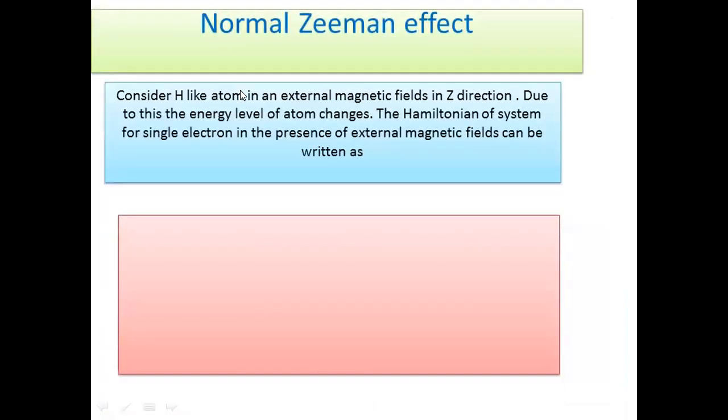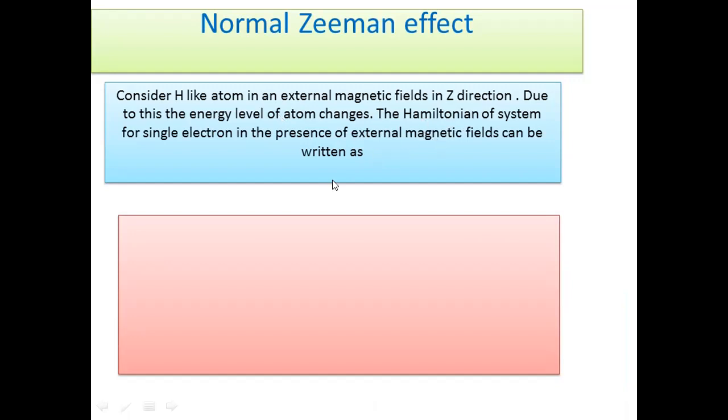Normal Zeeman effect. As we know, we take the hydrogen atom as before and place it in an external magnetic field in the z direction. Due to this, the energy levels of the atom change, that is, the energy levels are shifted from lower to higher.